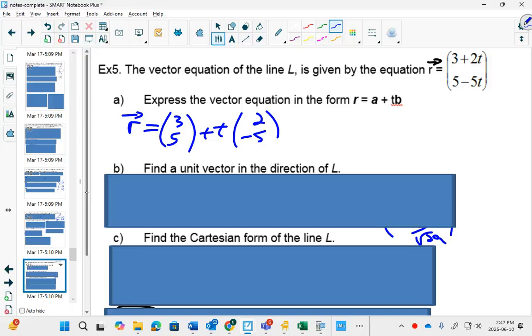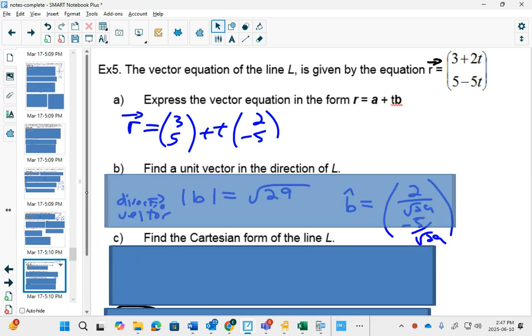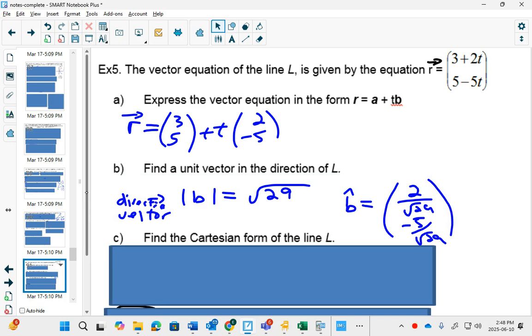Do you remember what a unit vector was? One over the magnitude times the original. That's how to find it, but what does it make it? It makes it a vector with a length of 1 in the same direction as your original one. So a unit vector has a length of 1, and you find it by first finding the length of b, because this is the direction vector, so we have to look at b.